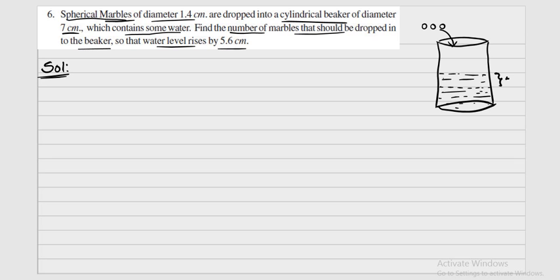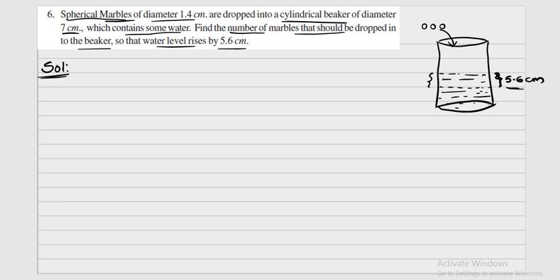That means this level should be 5.6 centimeters. So this amount of rise should be there. Since the beaker is cylindrical, this 5.6 is nothing but the height of that particular cylinder only, right? So that particular cylindrical volume gets increased.